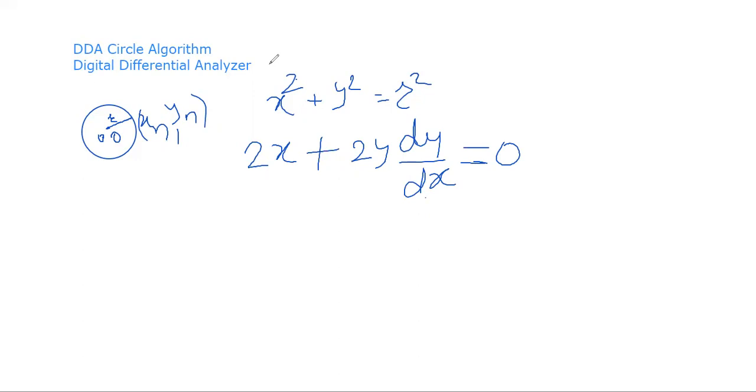After rearranging the equation, we get the slope of a circle. The slope of a circle will be minus x divided by y.